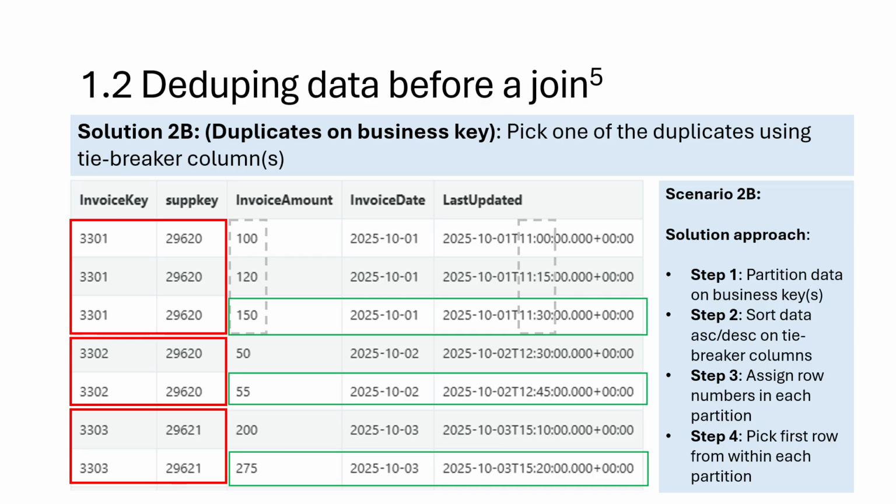Say for each business key, we wanted to pick up the latest of the duplicate records based on the last updated timestamp column. So for the first set of duplicates, of the three duplicate rows, the latest of them is this one. Similarly, for the second set of duplicates, this is the latest row. And for the third one, this is the latest record.